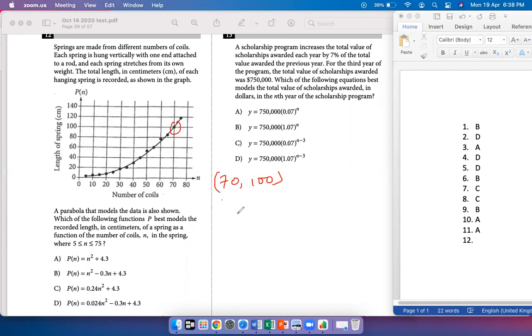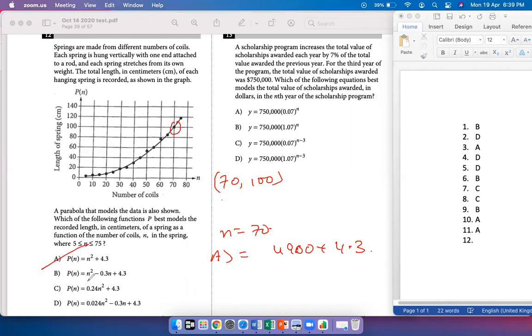So when I put n as 70 in option A, I get 4900 plus 4.3, right? That's what I get. So that's nowhere close.